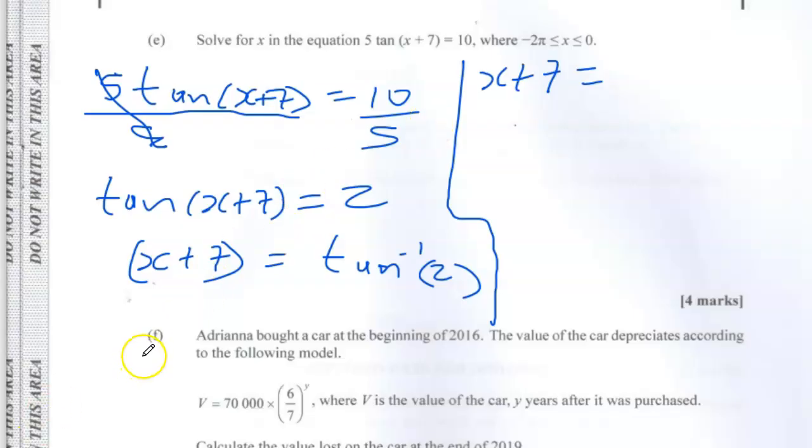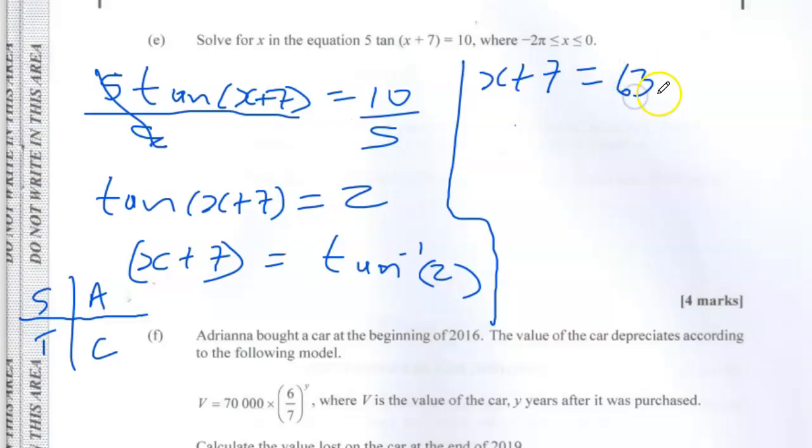If you think about where tan is positive, tan is positive in the first quadrant. Remember the thing, all science teachers are crazy. So all of them are positive in the first quadrant. And it was 63.4. I think that's what the calculator will give you.